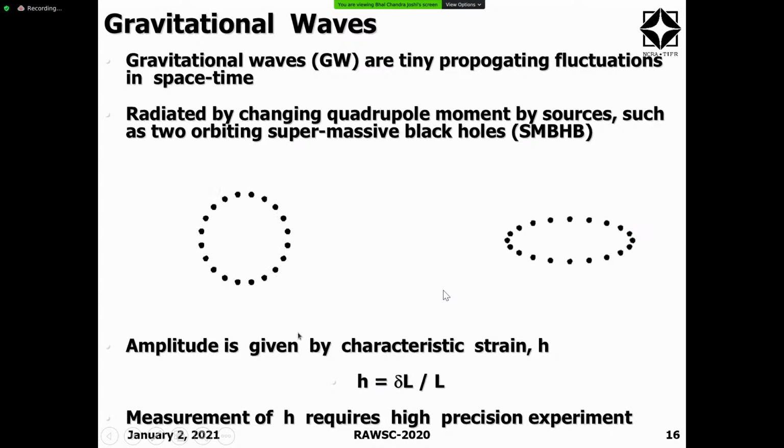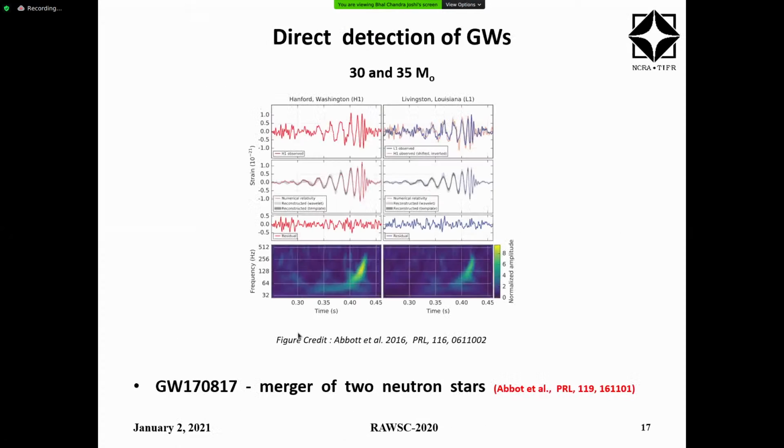There were gravitational wave detectors operating in the US, known as LIGO, which tried to detect this for almost 15 to 20 years and failed. But they kept on working on it, and eventually in 2015, they detected a source, and this is just the detection plot of that particular source, which was detected by the Hanford and Livingston LIGO detectors.